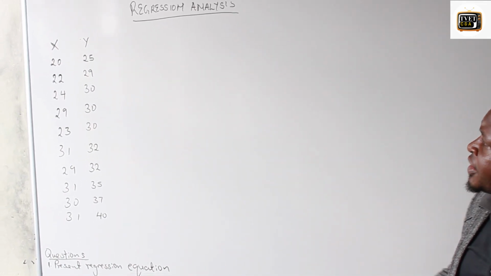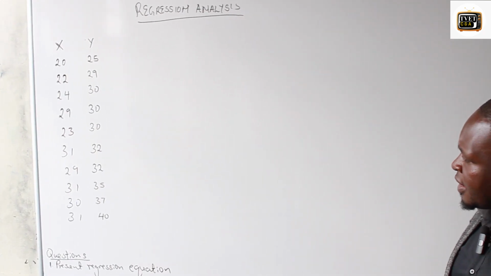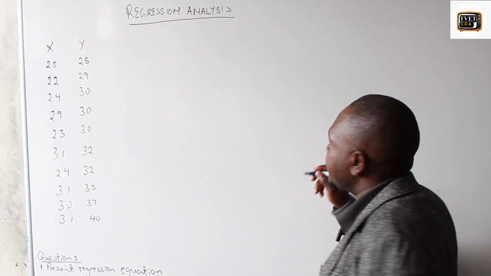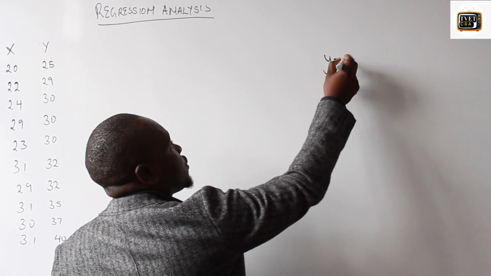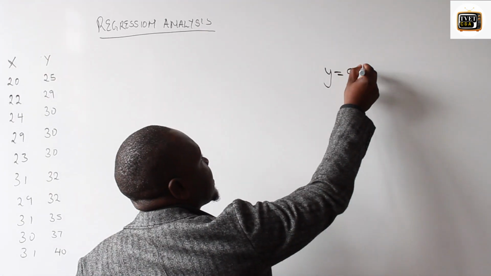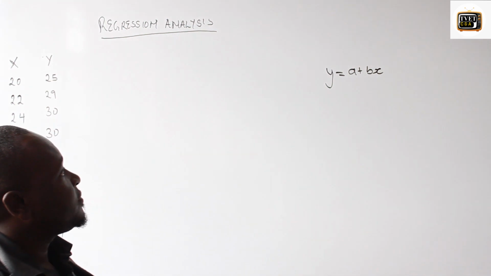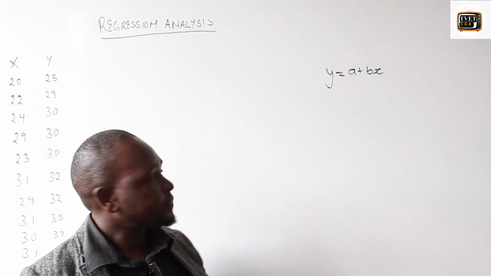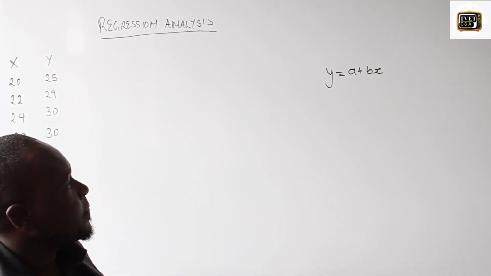For you to state the regression equation, mathematically, the regression equation is represented as y equals a plus bx. So, you have to first compute the value of a and b. This can be computed using two methods.